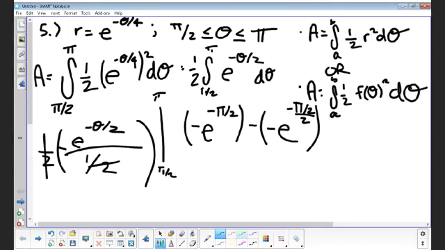So you're going to simplify to negative pi over 4. These cancel. Negative negative makes a positive. So our final answer is going to be e to the minus pi over 4 minus e to the minus pi over 2.